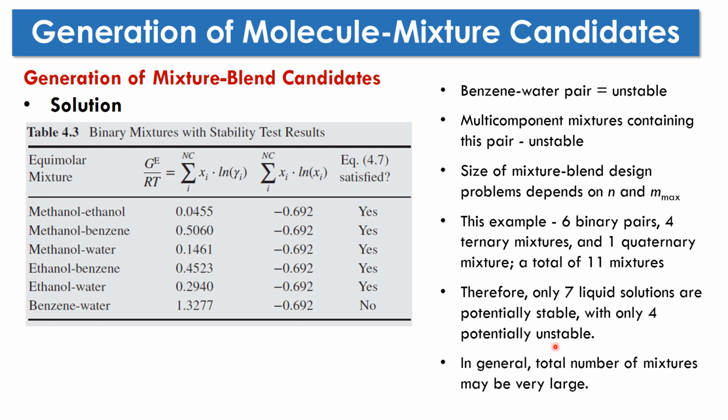If you have a lot of different candidate molecules, the total number of mixtures may be very large, and we need a program or an algorithm to generate the list of possible combinations and check their stability using reliable tests.